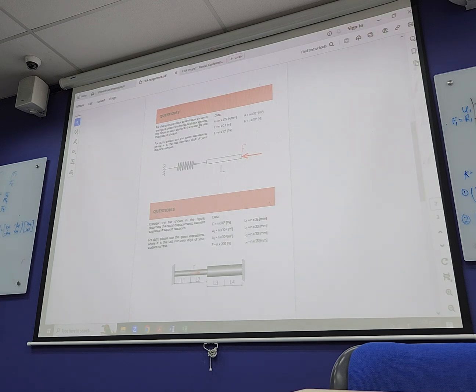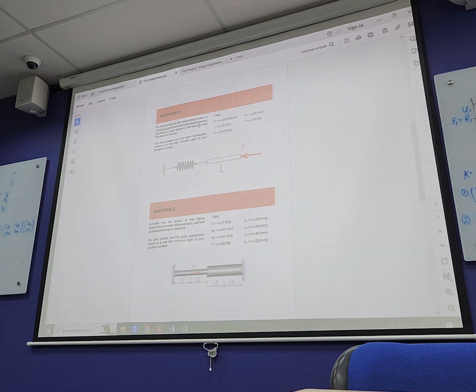Plus K4, minus K4, minus K4, plus K4. Anybody don't agree? Now, what are we going to solve? 3 by 3. Very good.